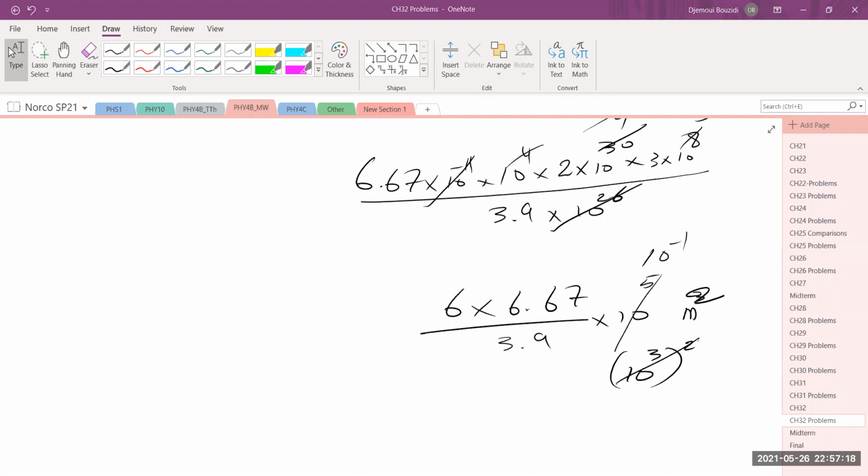So it's 6 times 6.67 divided by 39 directly. So it's 1.026 square kilometers.